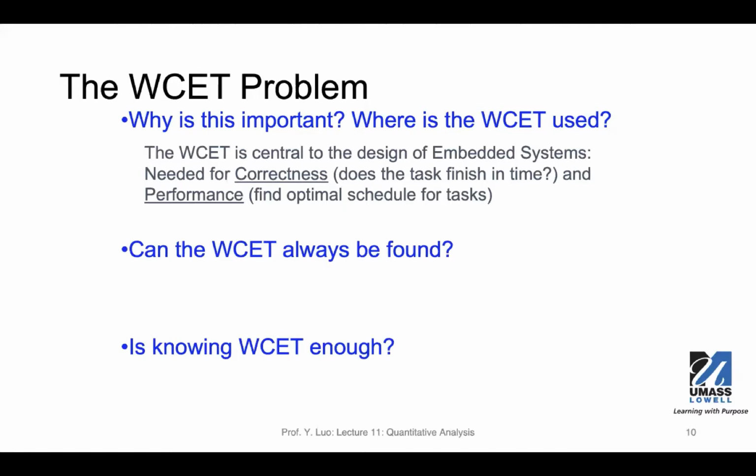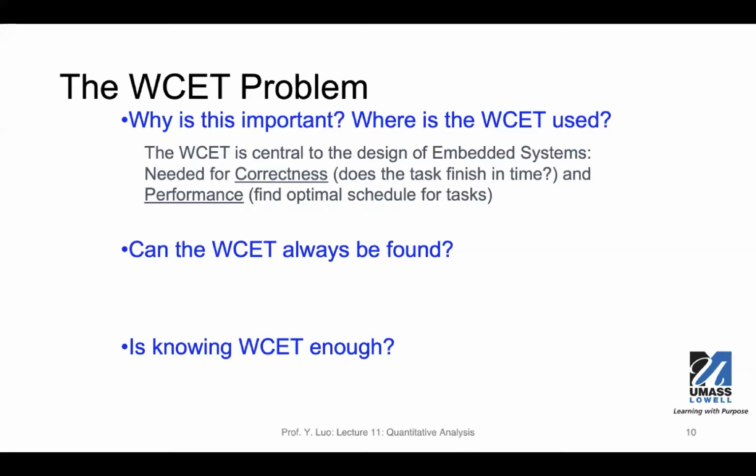Because when you have a mixture of these different tasks, you want to find an efficient way to schedule them so that you can finish all of them, and also have the minimal makespan so all the tasks can be finished as early as possible. So that's really related to the performance.